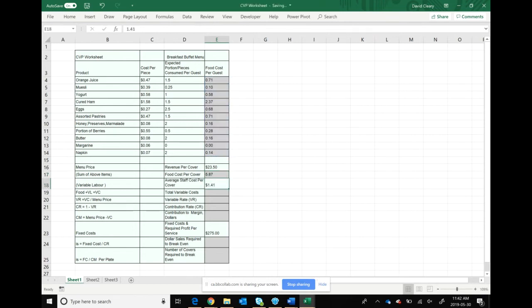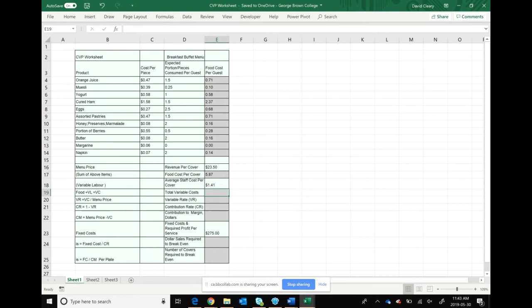When we do that, we get a food cost of $5.87 for one guest. Next is our variable labor, which is already given to us. So what we're saying is that one guest is going to consume $5.87 worth of food, and it's going to cost us $1.41 in labor to serve one guest.